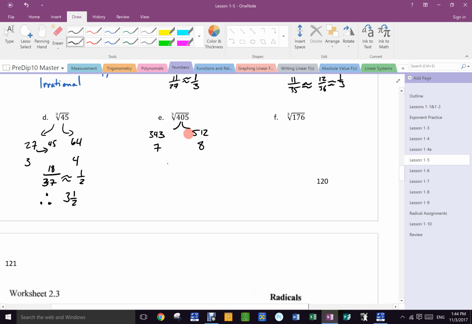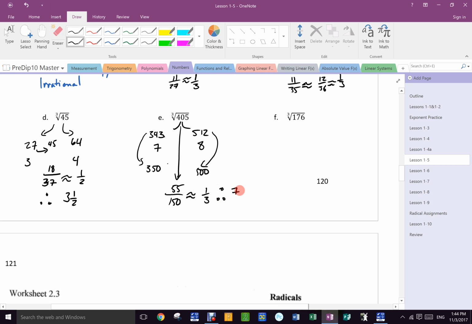When we get to here, I like to do my rounding off here. This is awfully close to 350. This is awfully close to 500. So I like to say this is 55 out of 150, which is awfully close to 1/3. Then we know it's 7 1/3. We're close.